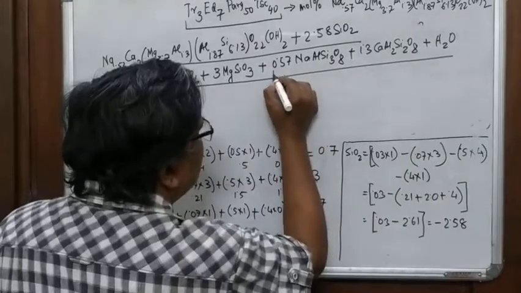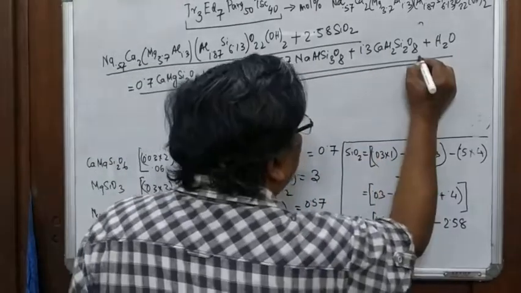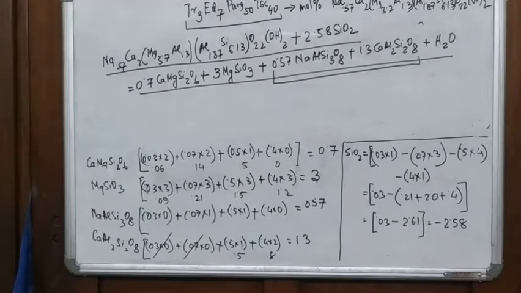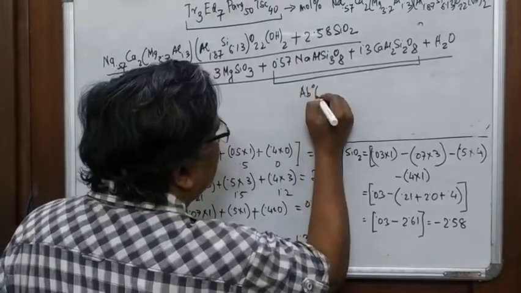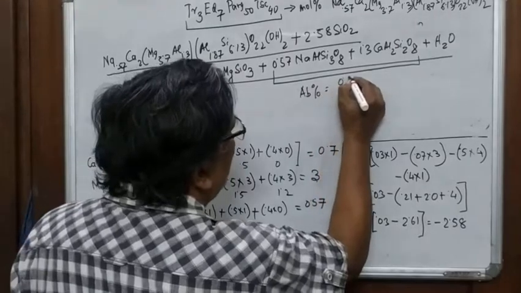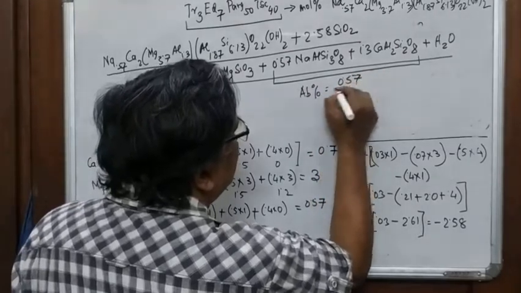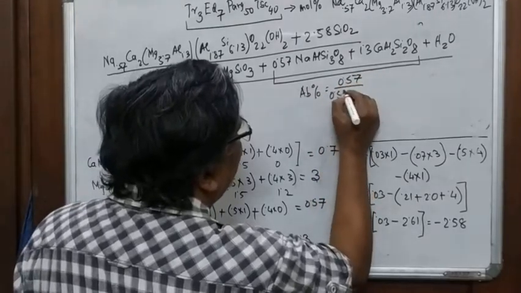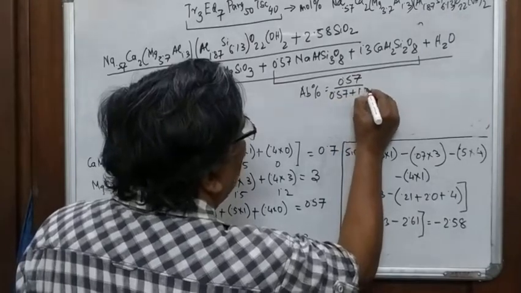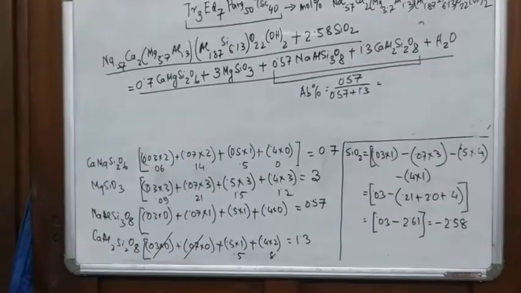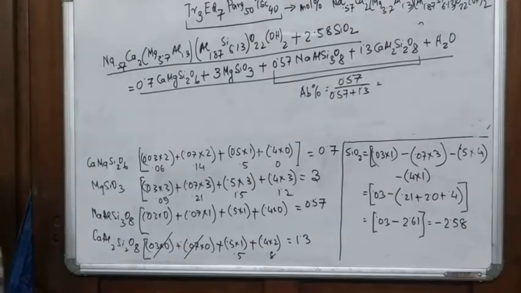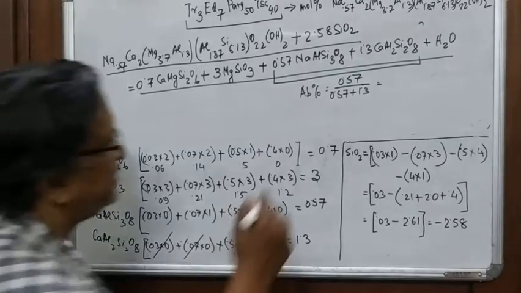Now, if you see this one, what is the albite percentage of this plagioclase? Albite percentage will be 0.57 divided by 0.57 plus 1.3. Can you calculate how much it will be? 30%.